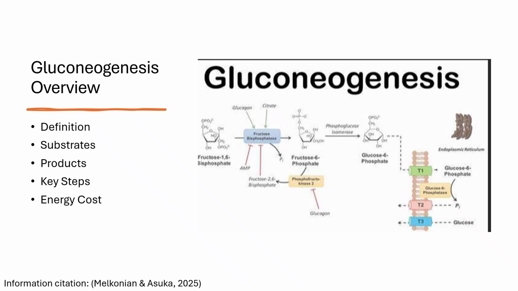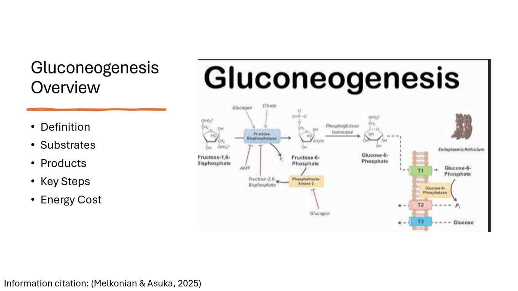This step uses NADH. And in step 7, the enzyme triose phosphate isomerase catalyzes the reaction that creates DHAP from G3P. In step 8, aldolase catalyzes the reaction between DHAP and G3P to create fructose bisphosphate.